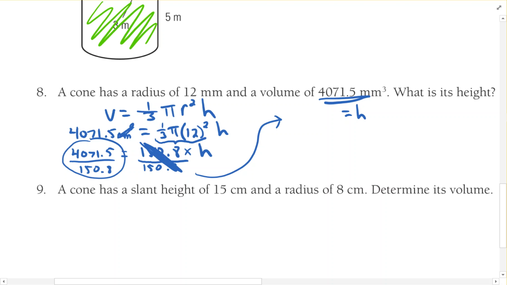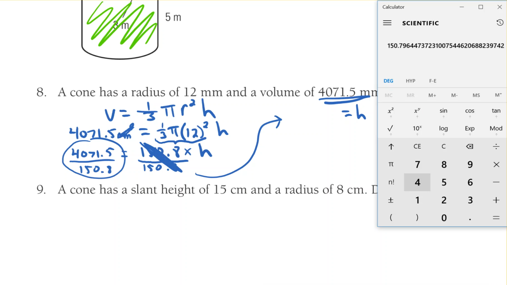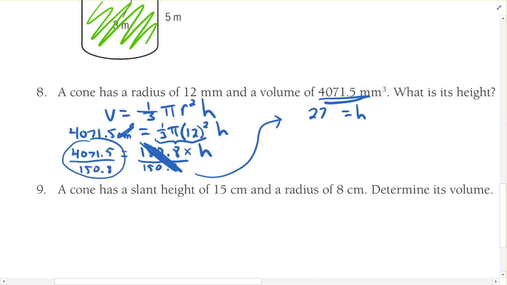Just divide those two. 4,071.5 divided by 150.8 is equal to 26.999, so just 27. So 27 millimeters. Okay, and then circle your answer.